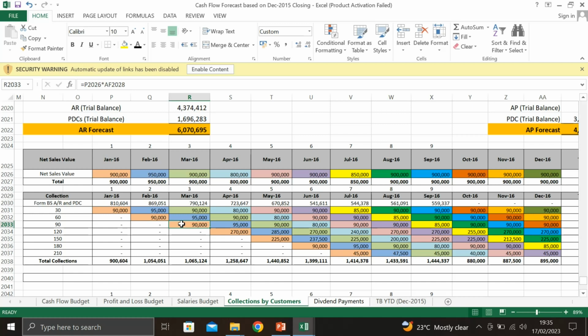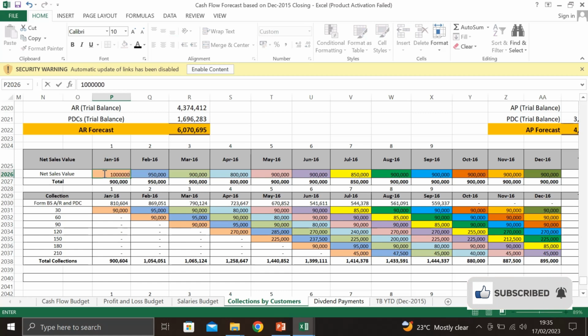So this working you only need to do one time, and then you will just put the sales here, and it will calculate for you. If I make here 1 million sales, all these figures will change. See, all this is changing. So one time you need to do this working.